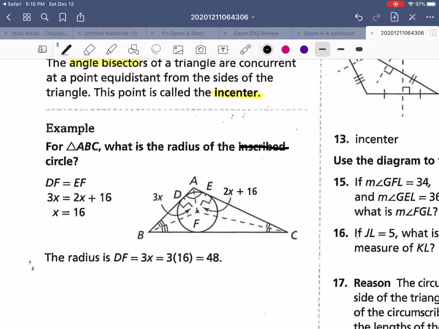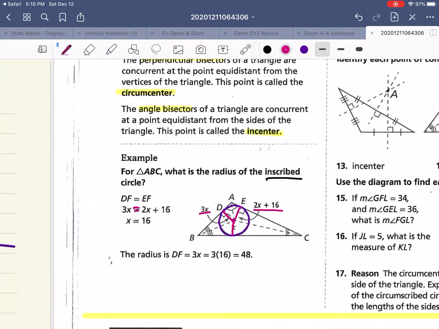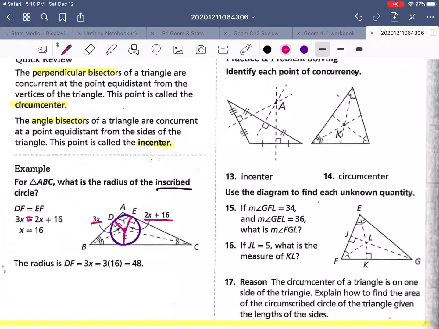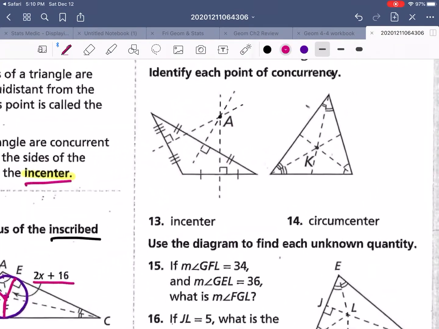Well, if something's inscribed, that means the circle fits inside. That's the center. So what do we observe? This distance and this distance are all radii. So that's why they set those equal to one another and solved. They're solving for the radii. Nice. And that happens with incenters.